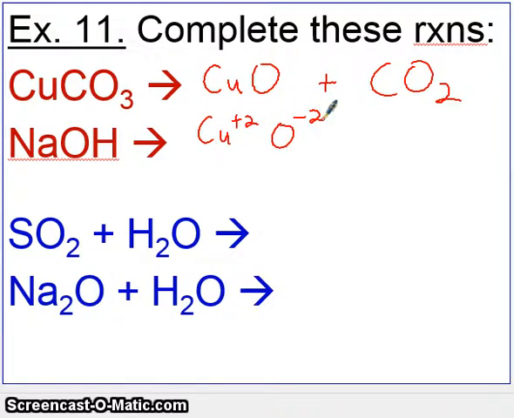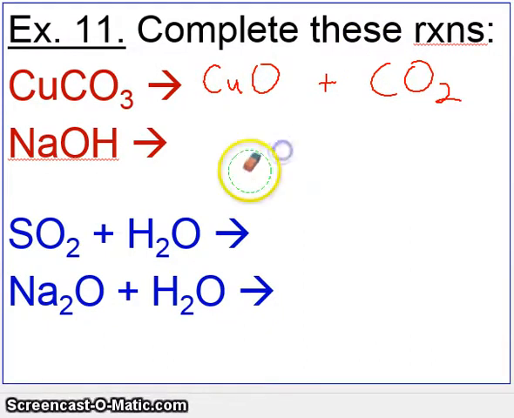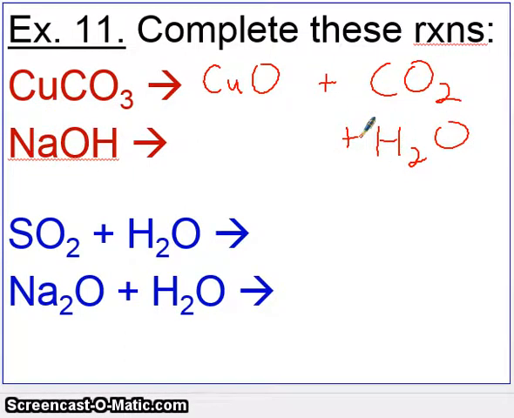For carbon dioxide, you don't have to think about balancing charges, but for the metal oxide, because it's an ionic compound, you have to think about balancing charges. The next one is very similar. We have a hydroxide decomposing, and remember we said that this releases water. So water is released, and then you have left the metal oxide.